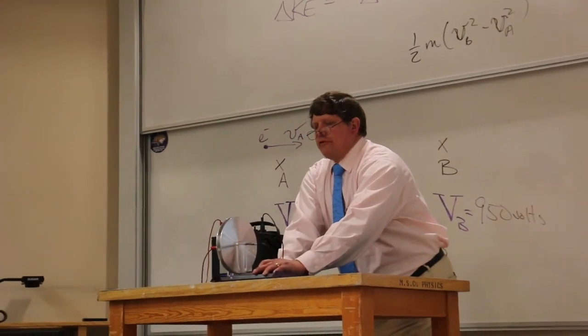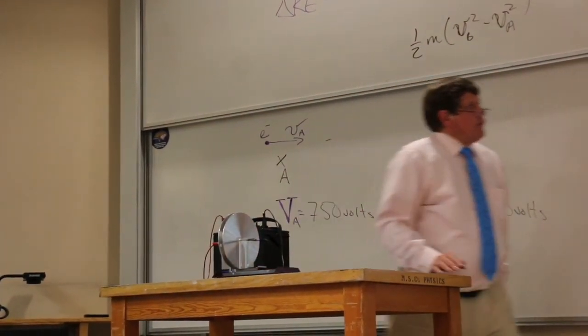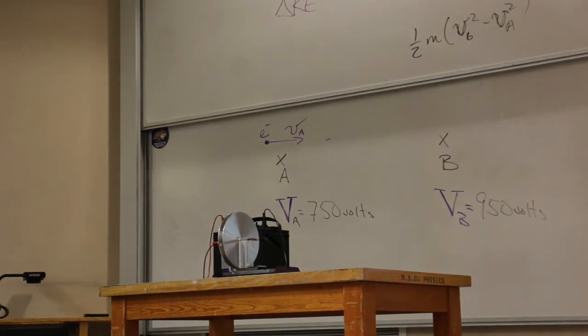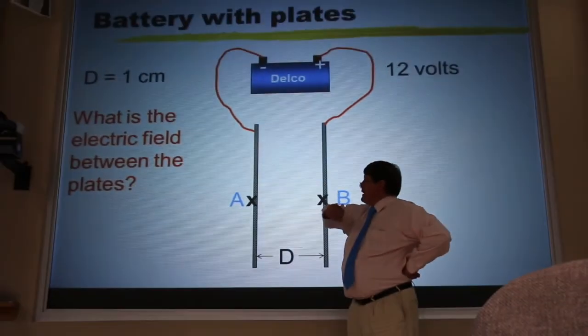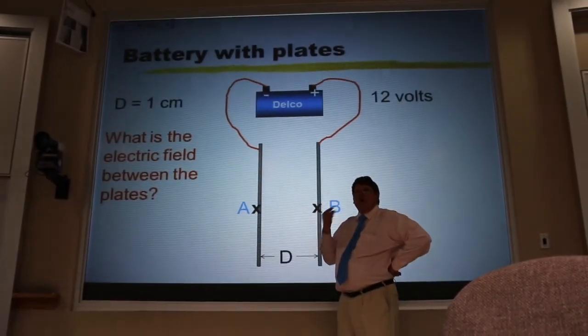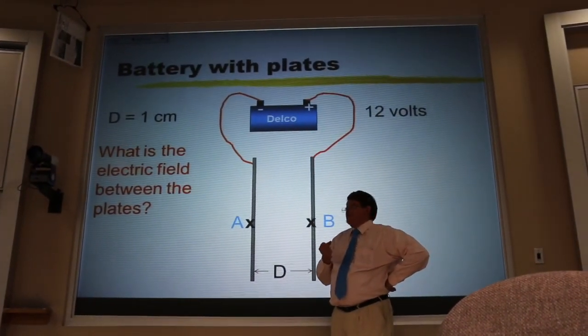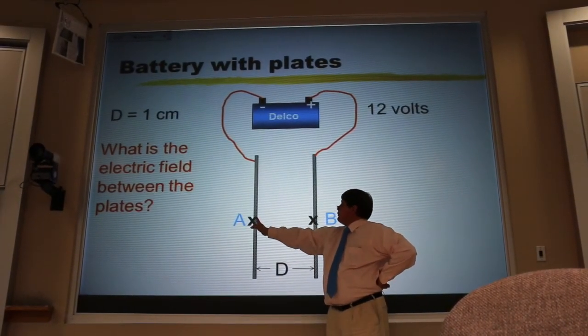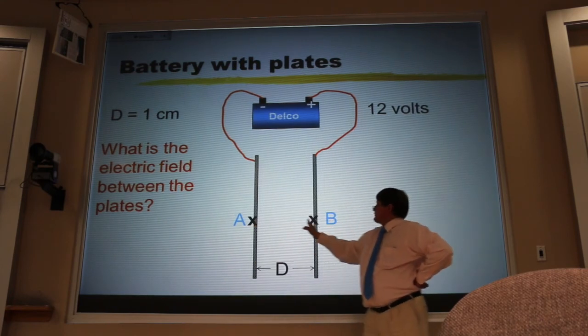Well, first of all, we have to recognize that the job of the battery is to keep these plates 12 volts apart. Okay? What that means is the battery, by hook or by crook, is going to make it so that I have to do 12 joules of work to get a +1 coulomb from this plate to that plate.